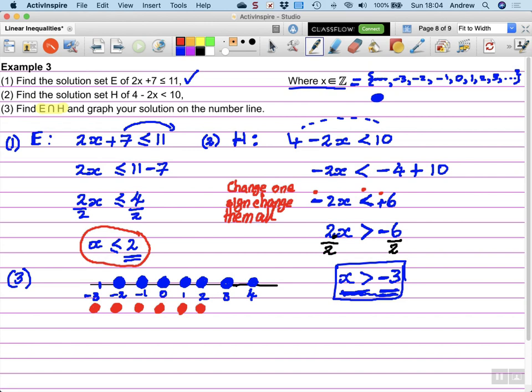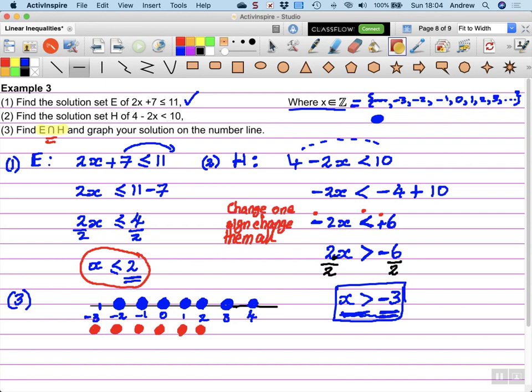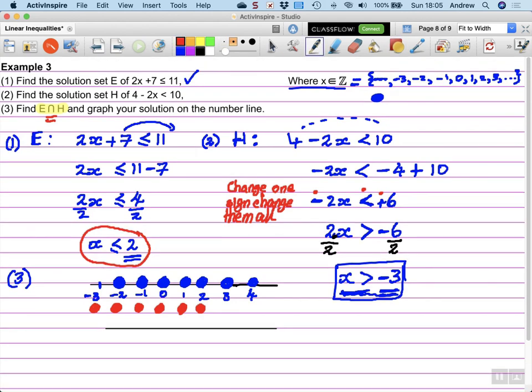I've done the two sets, which are overlapping, but intersection is basically what do they have in common? So the question was, what do they have in common? So I'm going to draw another solution set, and I'm looking for what they have in common. So where do the blue and the red overlap? Where do they intersect?